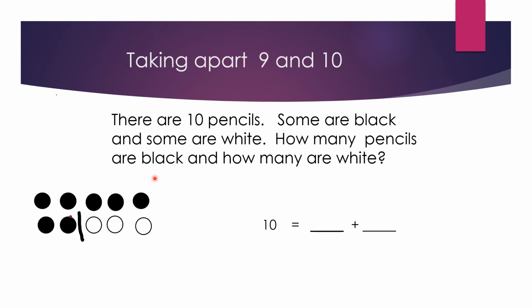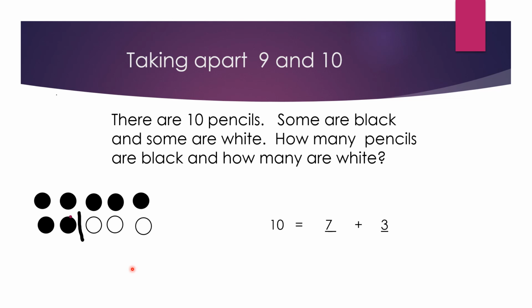Do you see how many are black and how many are white? Do you think, kindergarten, you can write a matching number equation to go with our drawing? I bet you can. Get your pencil out and your piece of paper and get started. Ready, go.